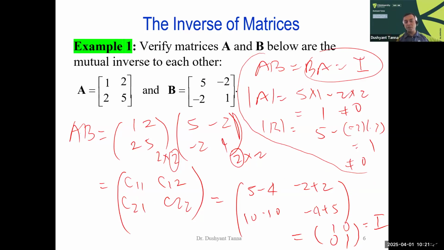Prove is mostly proving a theorem or proving something, and show is definitely true, right? So when it's a verify, you have to be careful because the answer can be yes or no, true or false. If it's a verify for the same question, if A and B are mutual inverses of each other, and the multiplication AB or BA is not identity, we say no, they are not inverses of one another.